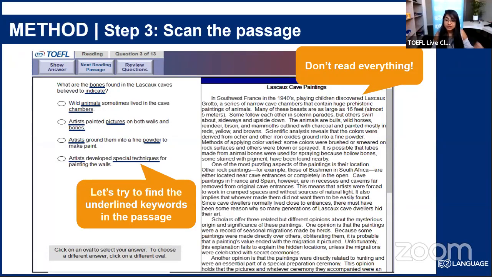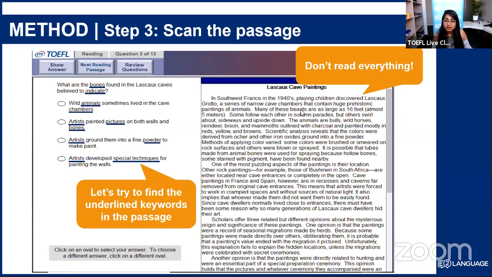Just type yes in the chat box if you can see my screen. Okay, thank you. Move on.